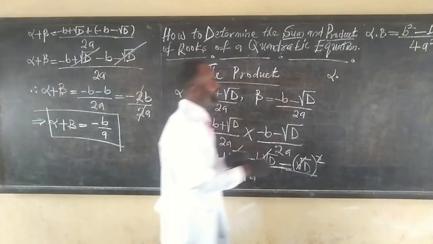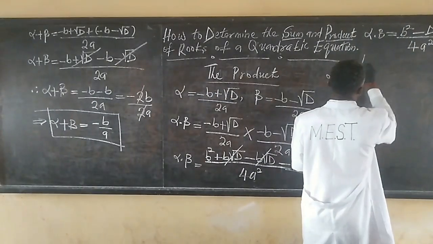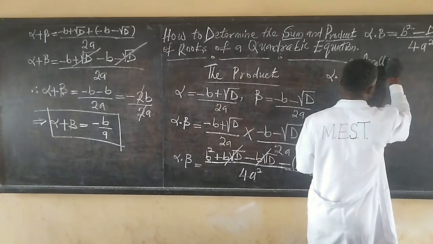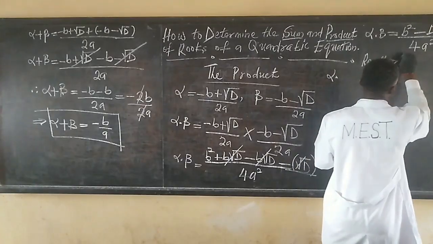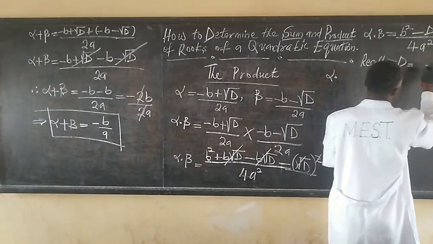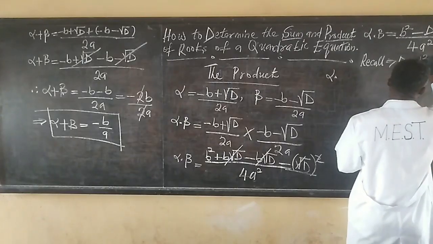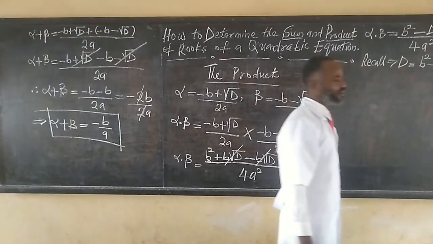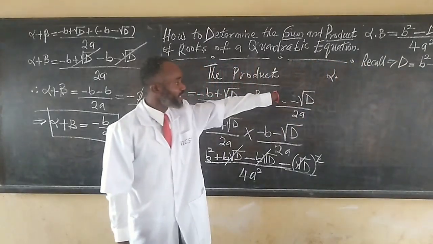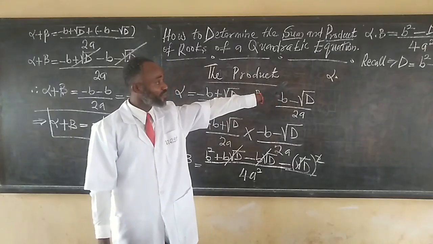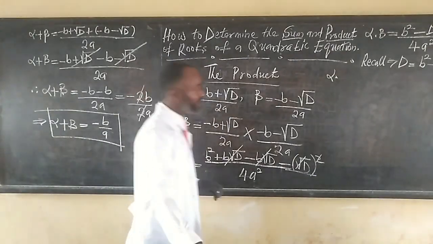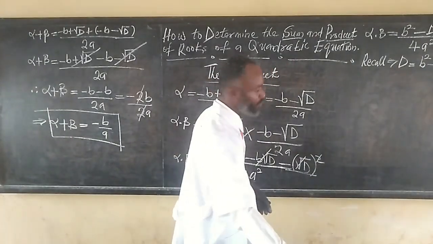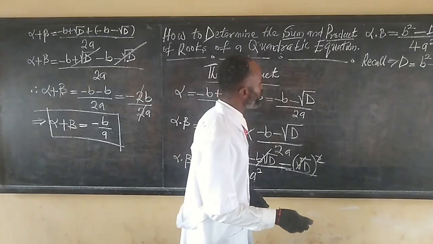We recall once again that d is given as b squared minus 4ac. We've not forgotten this, and that's why we are recalling it now. Wherever we see d, we replace it with b squared minus 4ac.